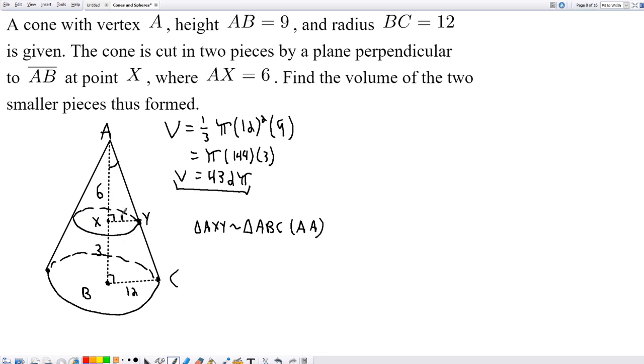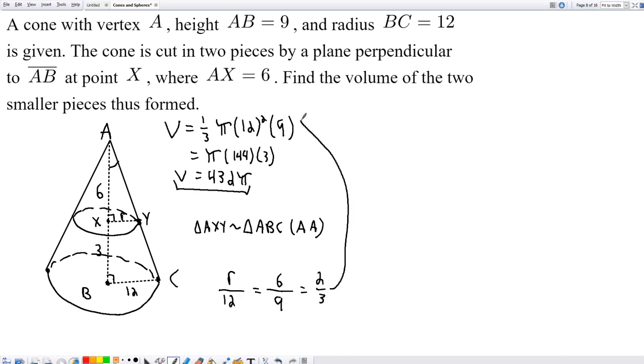So if I'm trying to find XY, which is the radius, let's set up a ratio. The radius of the smaller cone corresponds to the radius of the larger cone, 12. That must be equal to the height of the smaller cone, which is 6, over the height of the larger cone, which is 9. 6 over 9 is the same thing as 2/3.